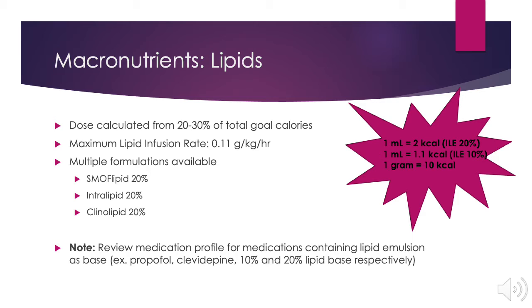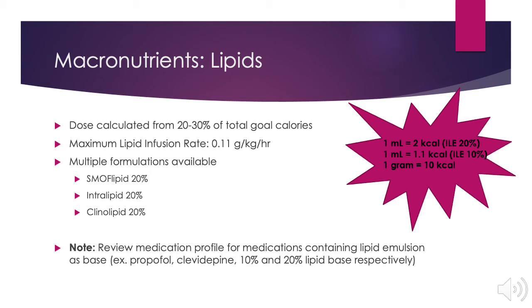For IV lipid emulsions, the calorie delivery varies depending on the percent the IV lipid emulsion has. For 20% lipid emulsions, every 1 ml delivers 2 kilocalories, whereas for the 10% lipid emulsions, every 1 ml delivers 1.1 kilocalorie.